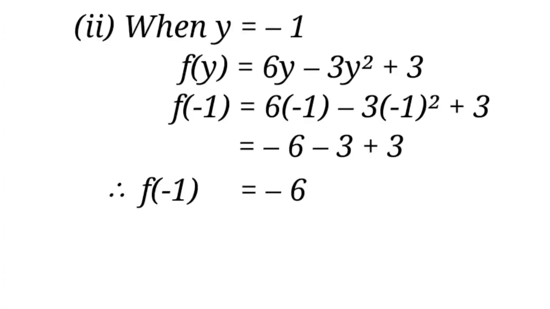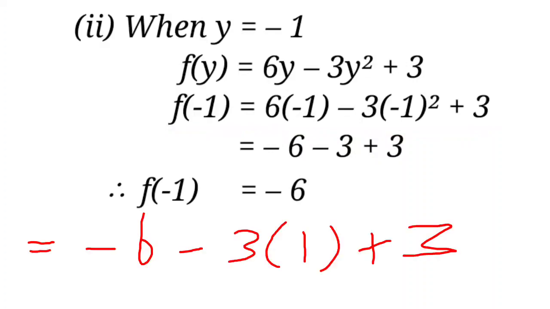Second subdivision, when y is equal to minus 1. f of y is equal to 6y minus 3y squared plus 3. Put y is equal to minus 1. f of minus 1 is equal to 6 into minus 1 minus 3 into minus 1 the whole square plus 3. 6 into minus 1 is minus 6.